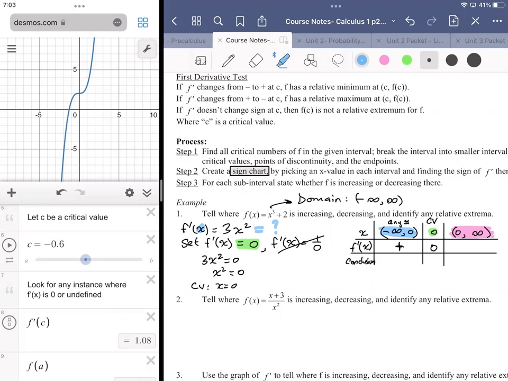And you would do the same thing over here. You choose any number, plug it into the first derivative, and see what you get. But you could also do it with Desmos and look at values that are greater than 0, and you see that all those are positive as well.